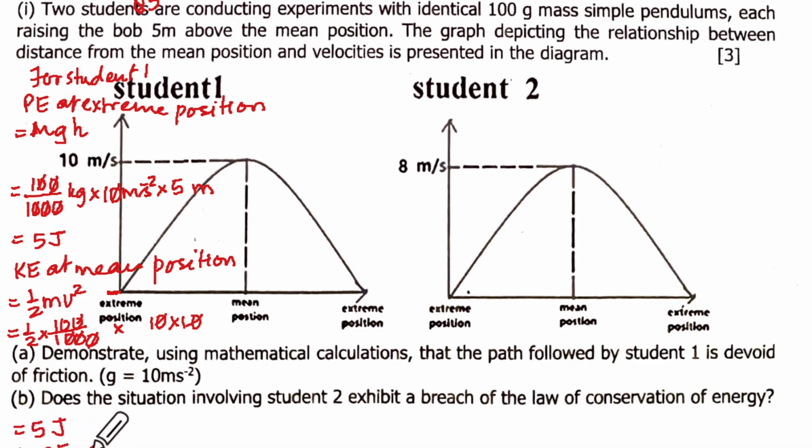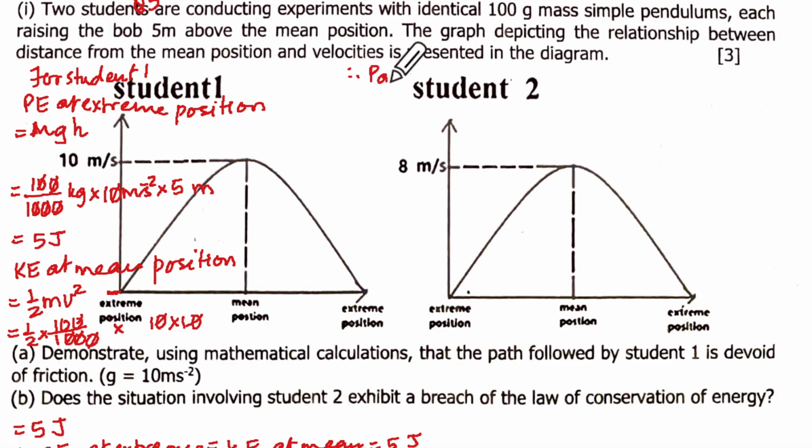Then what you will say, since PE at extreme is equal to KE at mean, equal to 5 joules, correct? Now below this I don't have space, but I'll write here. Therefore, what are they telling you? That it is devoid of friction.